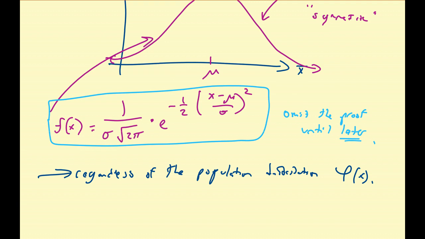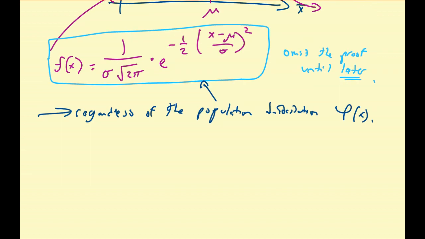If you take a bunch of sample means, if you do it enough times, the random variable x bar is going to be continuous, and it's going to start converging to this function, which we call the normal distribution. And that's very, very important.